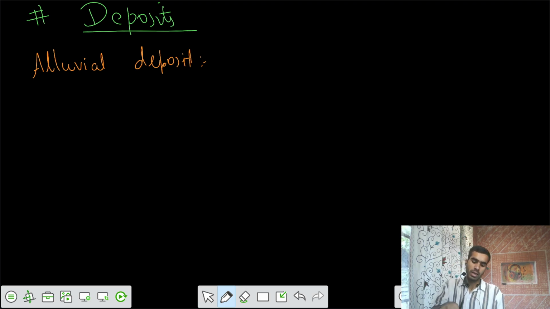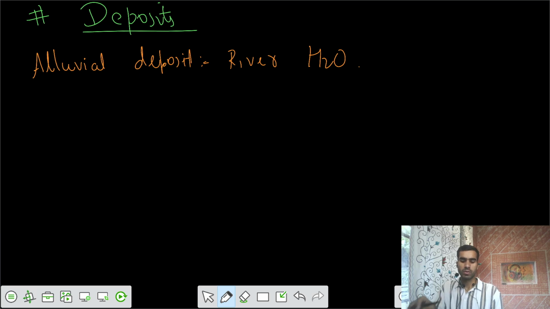I can name it this way: this deposit is formed because of the motion of the water, that's river water. Now one more we can take: lacustrine deposit.